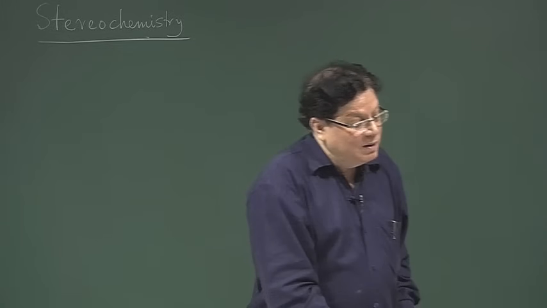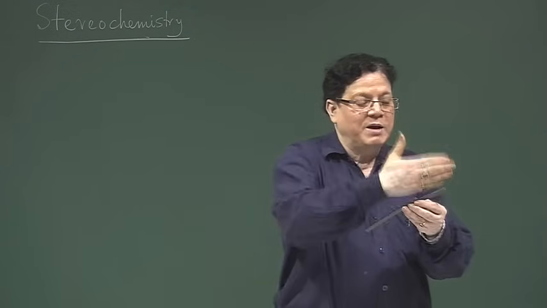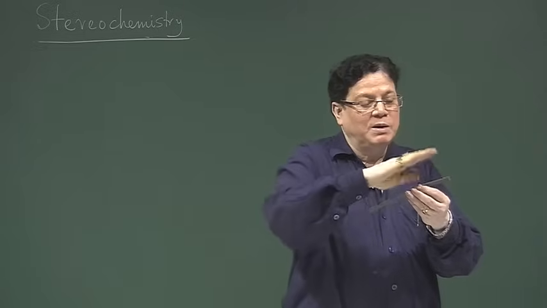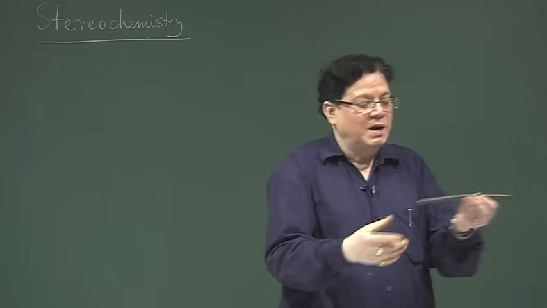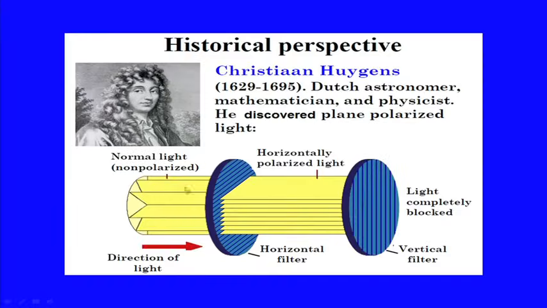Now, in the 17th century, the Dutch astronomer Huygens discovered what is called plane polarized light. That means what I was telling earlier, that the wave was vibrating in all possible directions, that is the normal light, but when it passes through a special type of glass which is made up of some crystals, what happens?